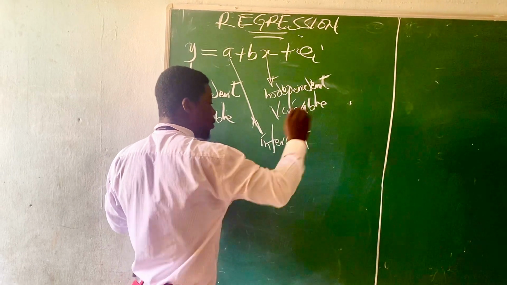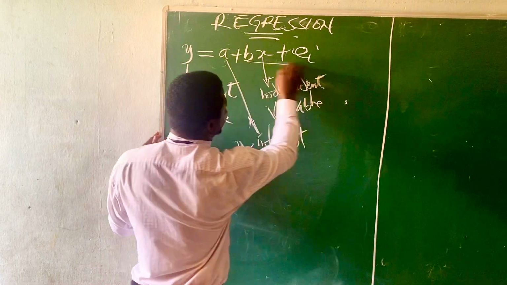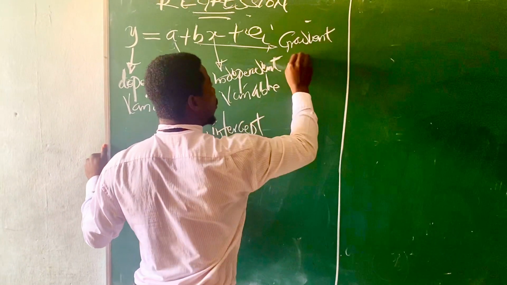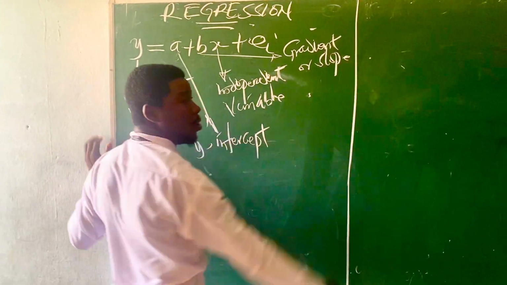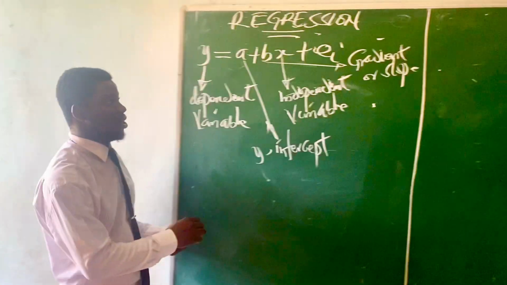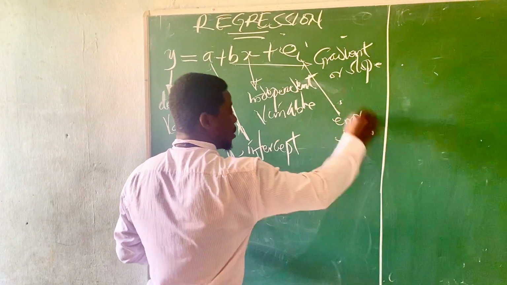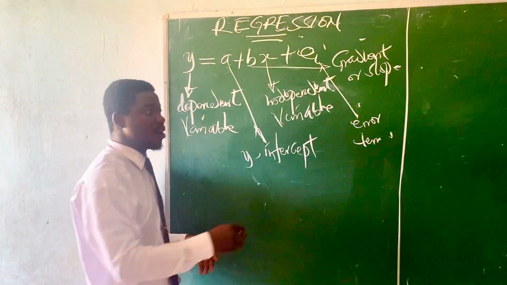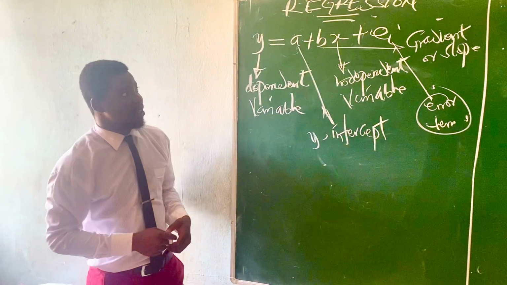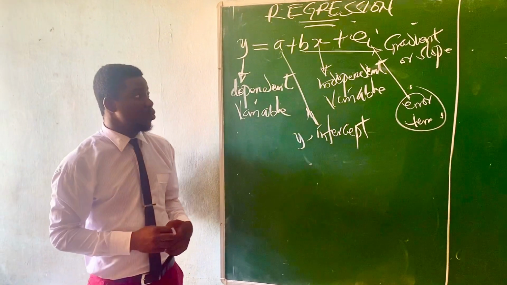Not just your intercept, your y intercept. And your b is referred to as the gradient, or you can call it the slope of the regression equation. And your e is what we refer to as the error term. The error term, very, very important. Or you can call it the stochastic term or the probabilistic term. It's very, very important to include it in every regression equation.